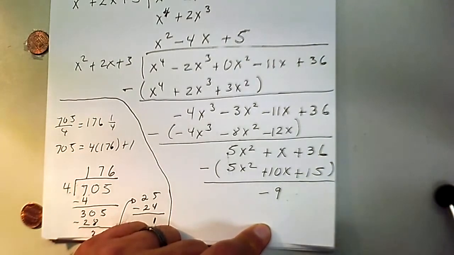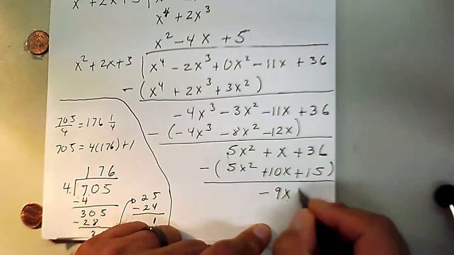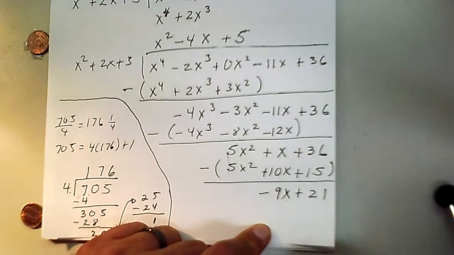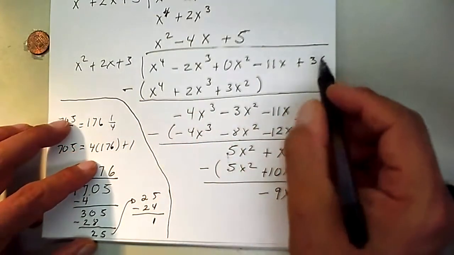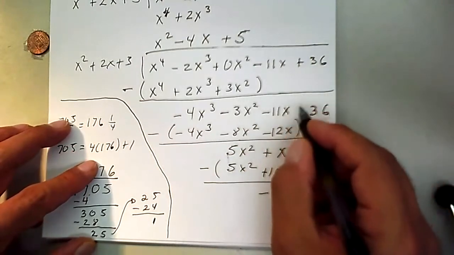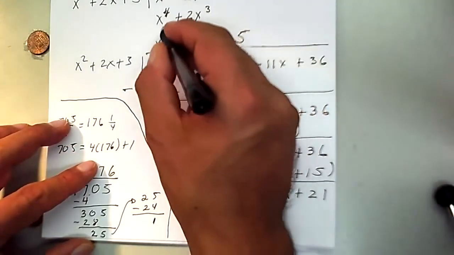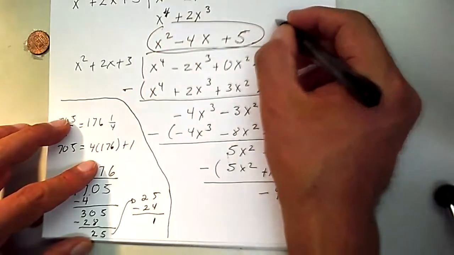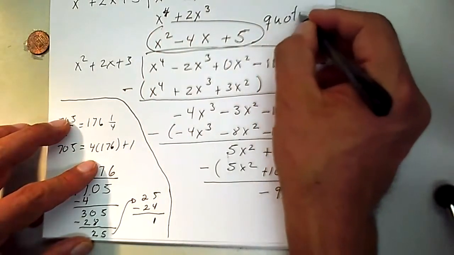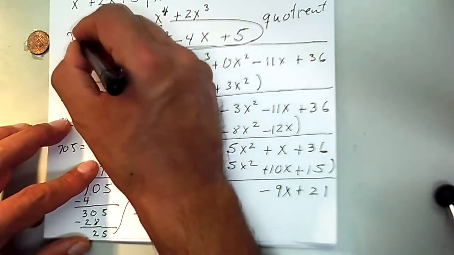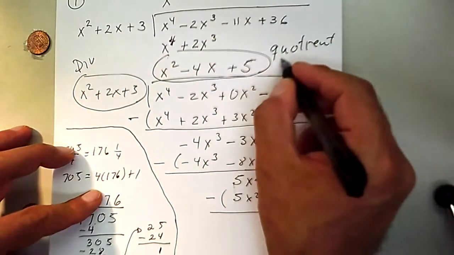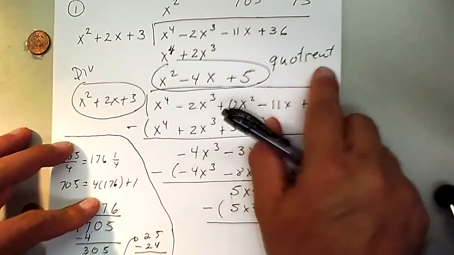Okay, negative 9x plus 21. The guy inside the box is called the dividend. This is the quotient. This is the divisor. Oh, sorry, quotient. Maybe you couldn't see that on the screen before.